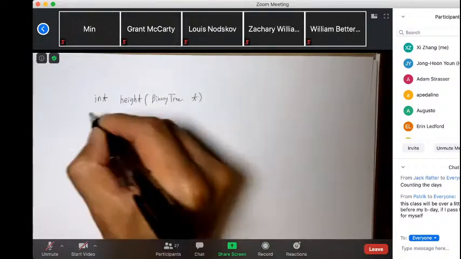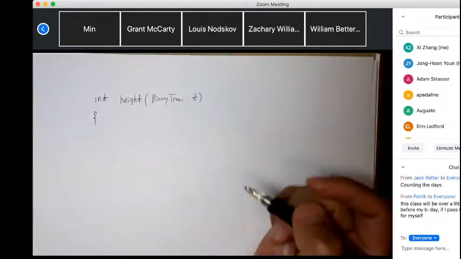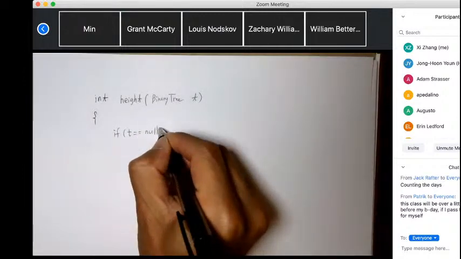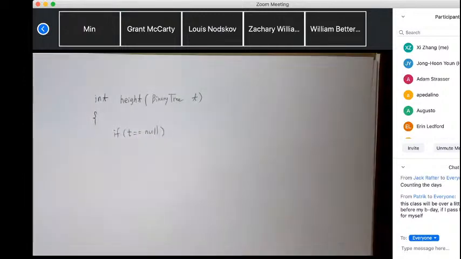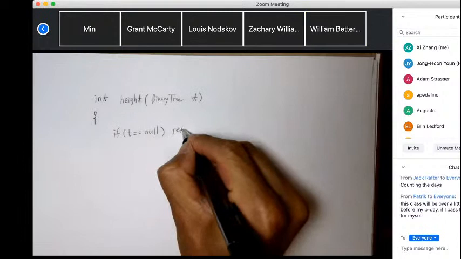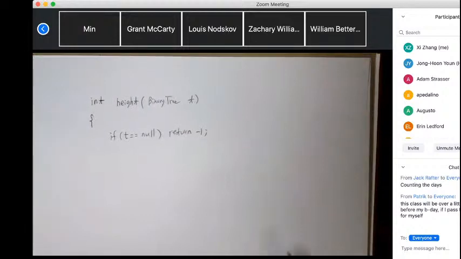So if t is equal to null, what should be the returning value? It's a tricky question, but we know the definition of -1. Right, exactly. It should be -1, right? Because we define the height of the null tree as -1, so it must return -1, not 0.